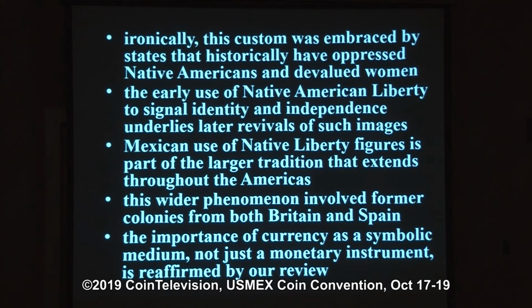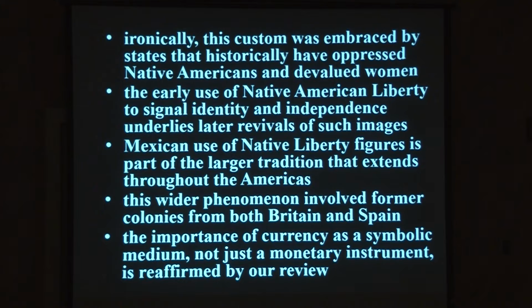I mean, think about it. At the time these Native Americans are popping up on these coins, what were most of these countries doing to Native Americans? Killing them, okay? The early use of Native American liberty to signal identity and independence underlies later revivals of such images. So when we look at an Indian head penny now, you gotta think about the heritage that it was building on.